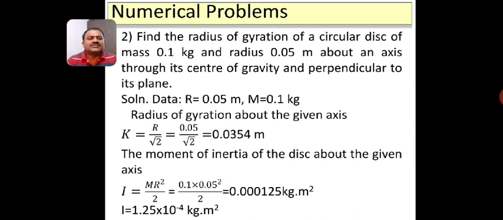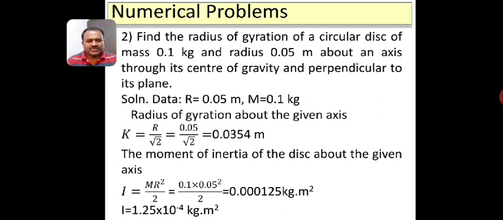So that is the radius of gyration of the circular disk about an axis passing through the center of gravity and perpendicular to its plane. Now the moment of inertia of the disk about the same axis is given by I is equal to mr square by 2. Again substitute for mass and radius. Mass is 0.1, radius is 0.05.